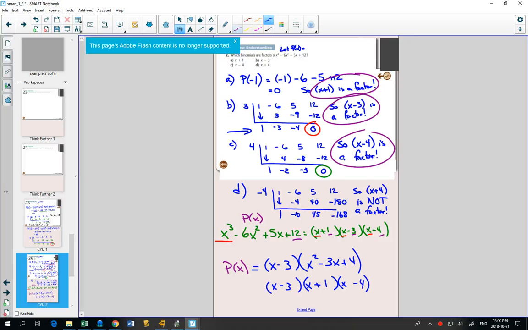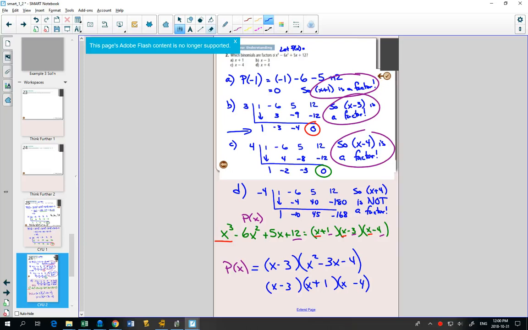Or minus 1 and minus 4, sorry, right? Oh, this is supposed to be a minus 4. I was like, it's not working here. This was supposed to be a minus 4. And so then I would need minus 4 and plus 1. There we go. And it factors completely.